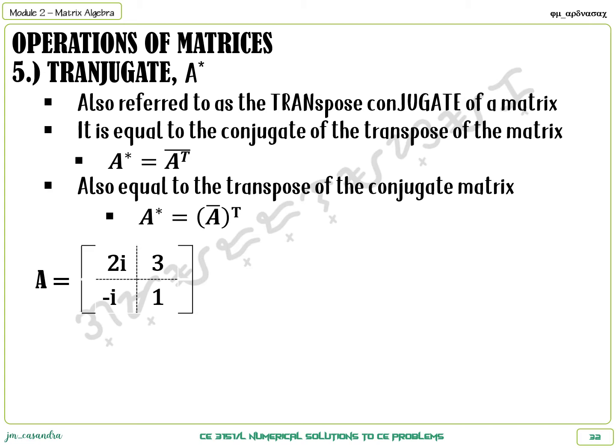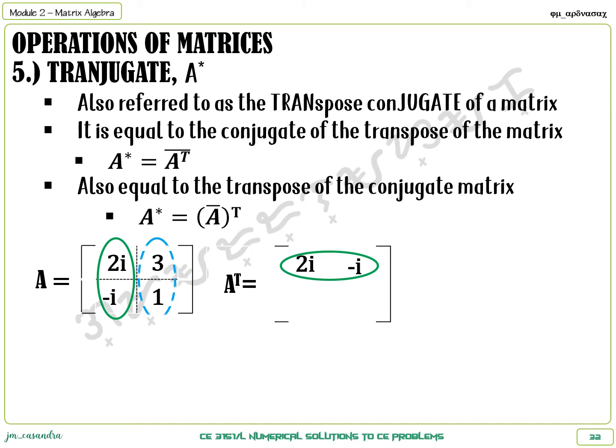To understand this further, let's have an example. Given matrix A with the following elements: 2i, 3, negative i, 1. We first take our transpose. So the first column becomes the first row of the transpose, and the second column becomes the second row of our transpose matrix.